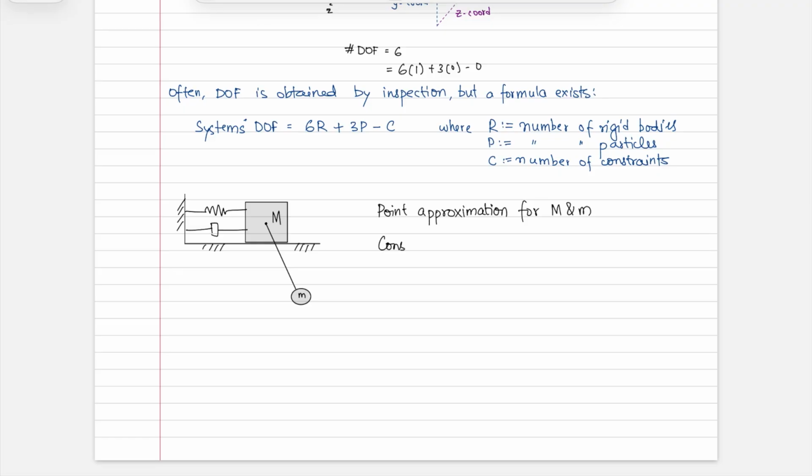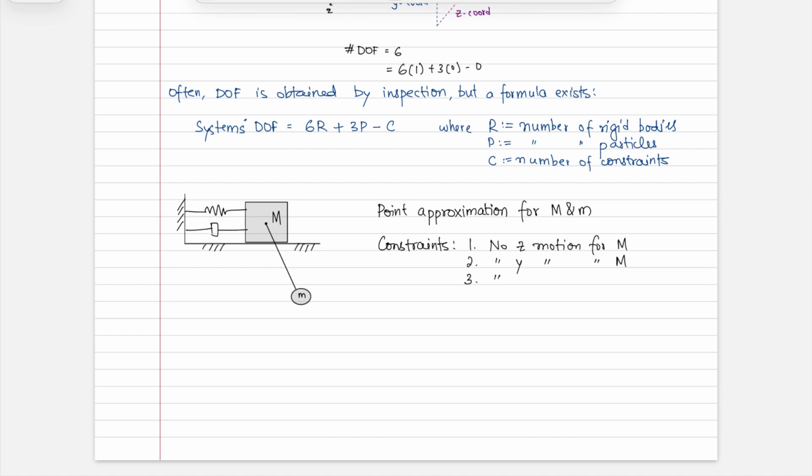So you now have to think about the constraints on these points. You have one, there is no z motion for capital M. You have no y motion for capital M. X motion does exist.